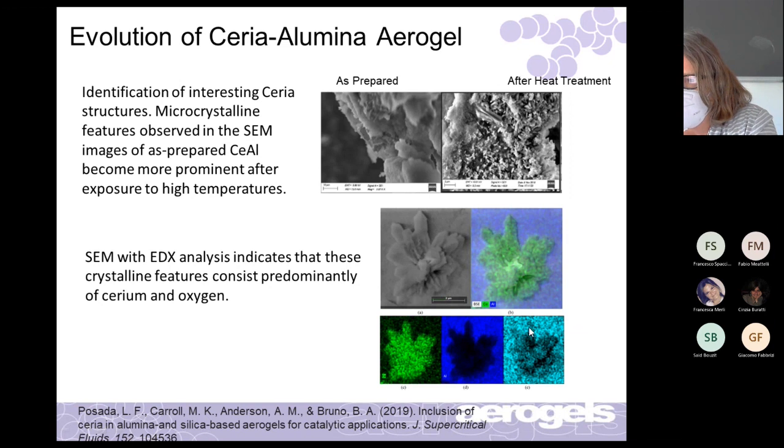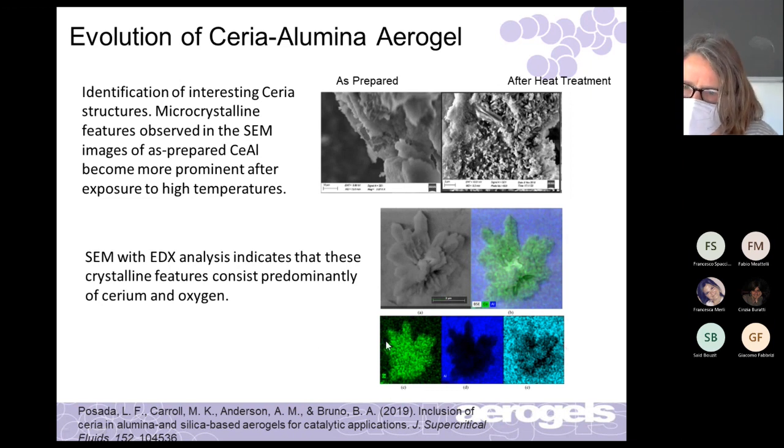And so in this picture, purple is alumina, so it's aluminum. Green is ceria. And then if we look down here, we have oxygen.